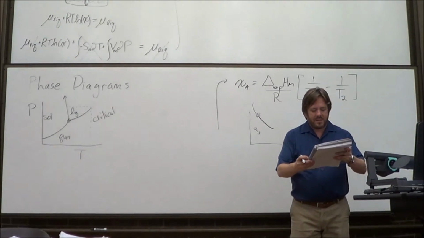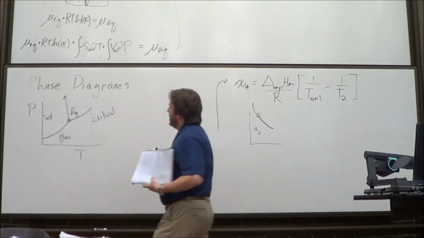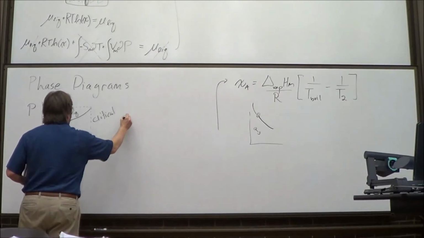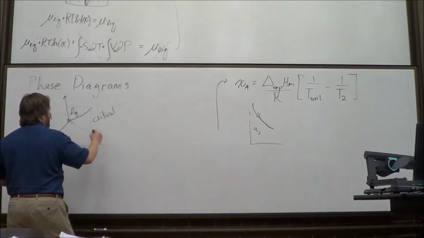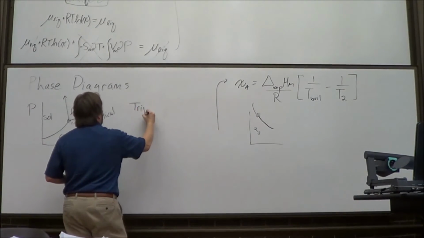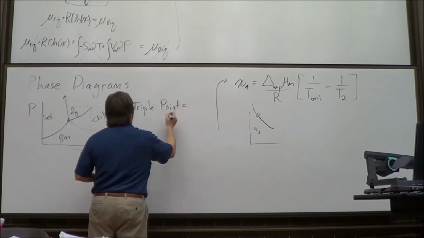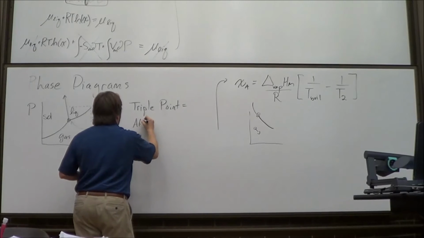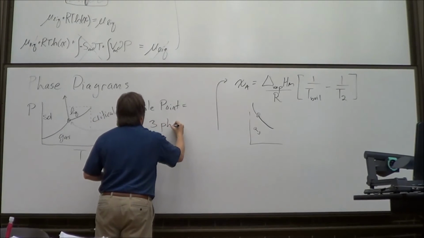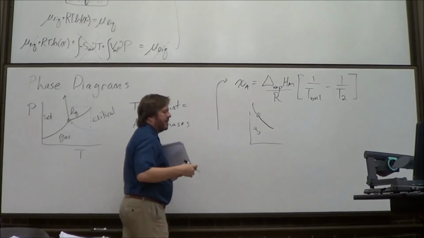Let me point out another interesting thing right here. As I walk you through what all this means, this is the triple point, and that is where all three phases are in equilibrium.